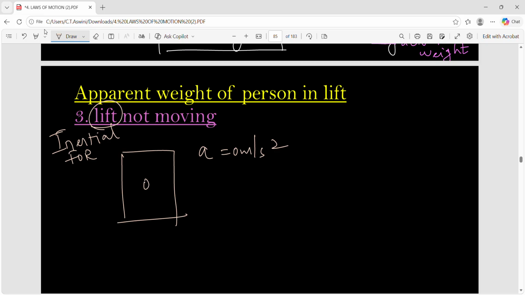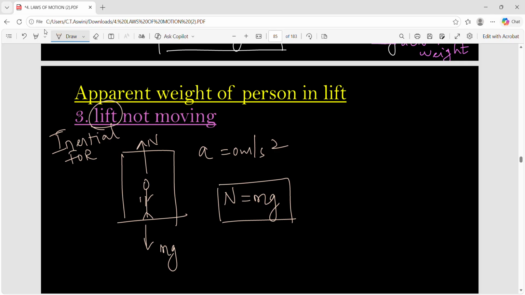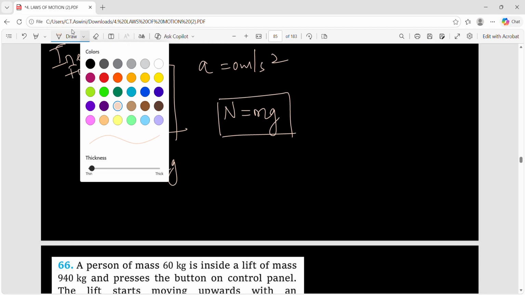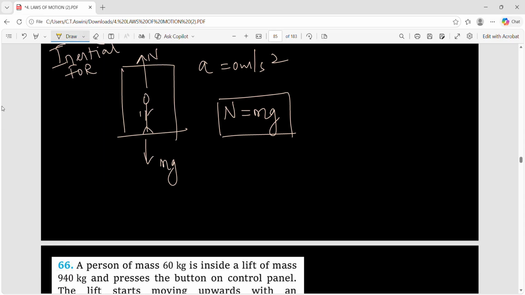Directly we will apply Newton's laws of motion. So downward we'll have the person's weight mg, and upward we'll have normal reaction. So what is the normal reaction now? mg. And what is the apparent weight? That is also mg. That means the person will feel his actual weight when lift is not moving. Got this point? Conclusion is very important.